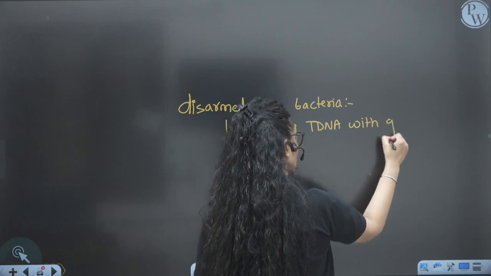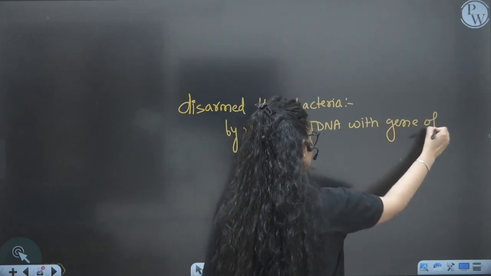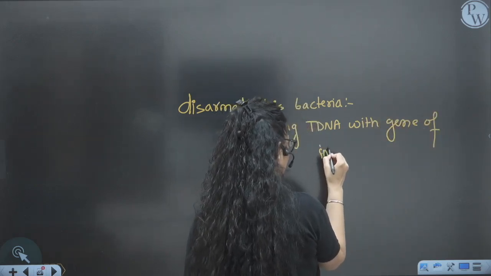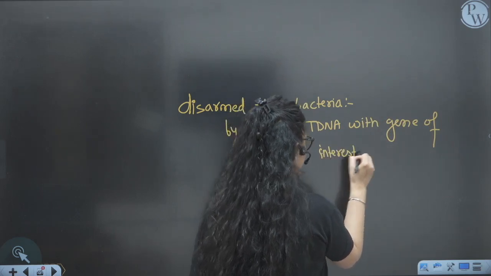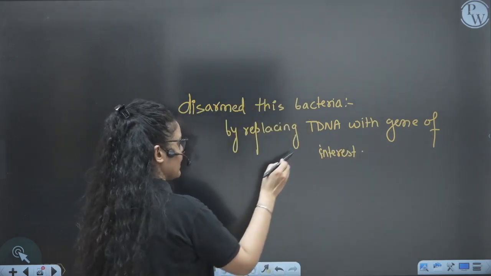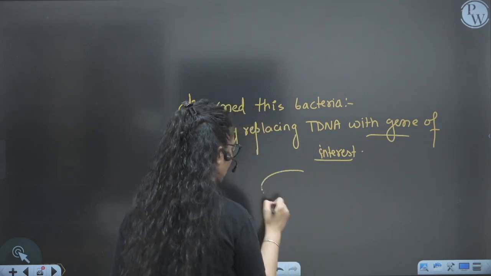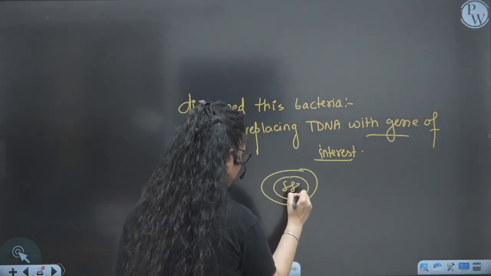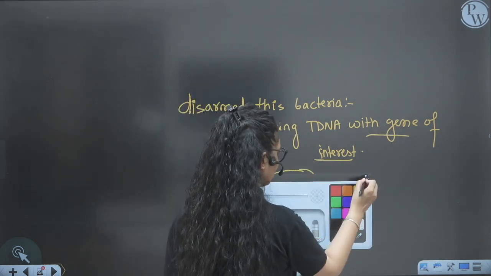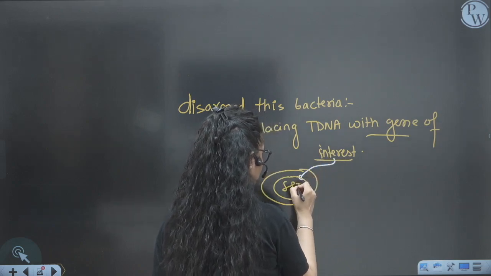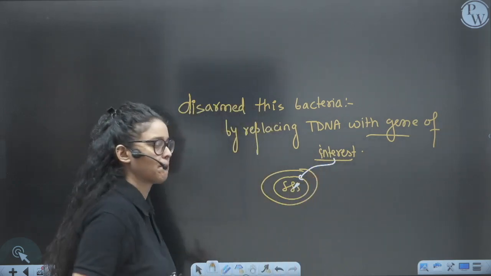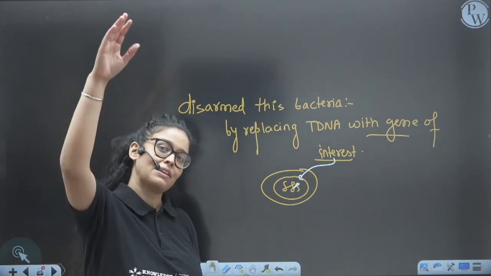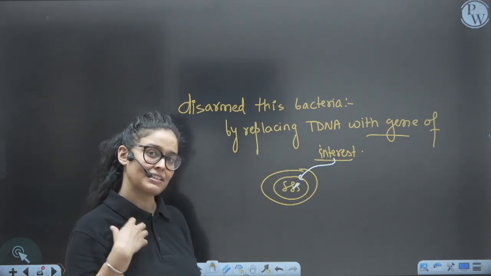Suppose this gene is for good productivity, good food production, right? So we have replaced our tDNA with the gene of interest, and now this gene of interest will be incorporated into the plant cell. So using Agrobacterium tumefaciens, this gene of interest will be incorporated into the plant cell, and when the plant cell grows, it will give us the benefit that we want.